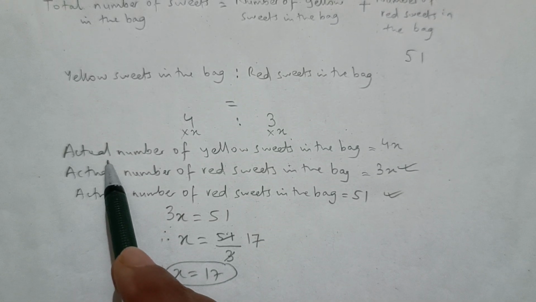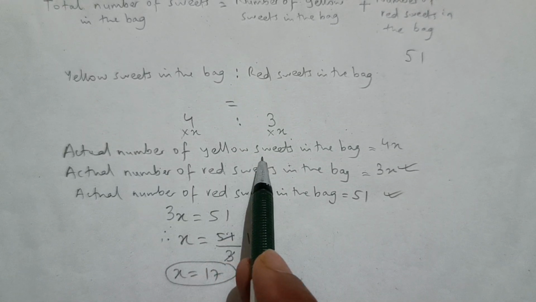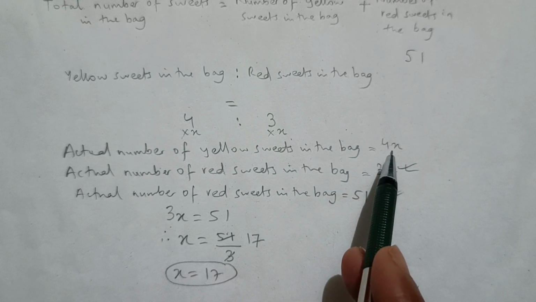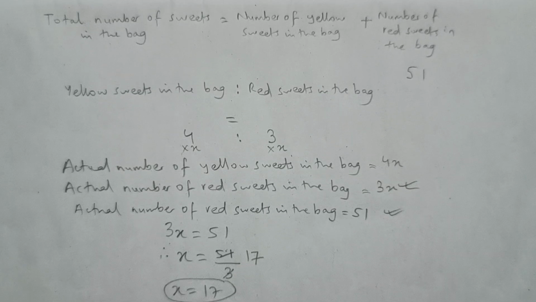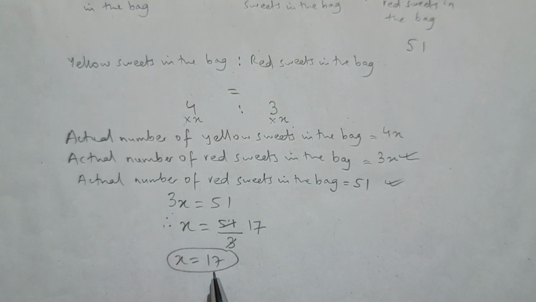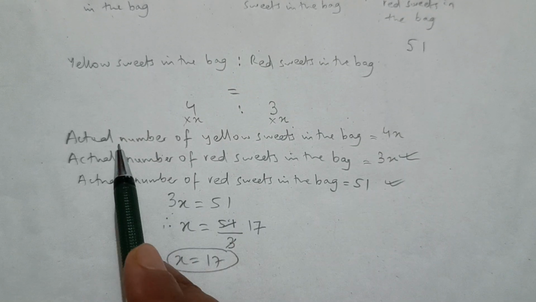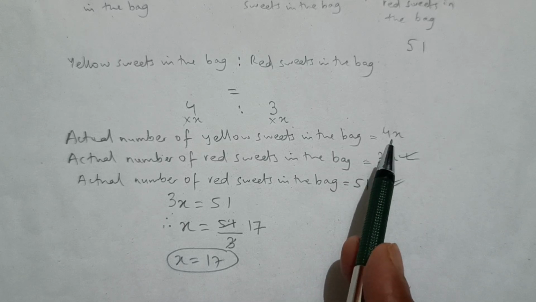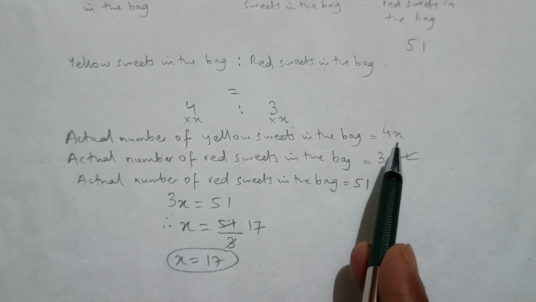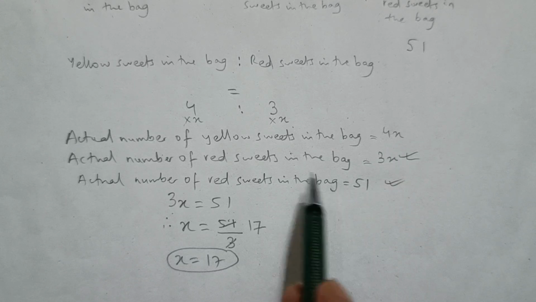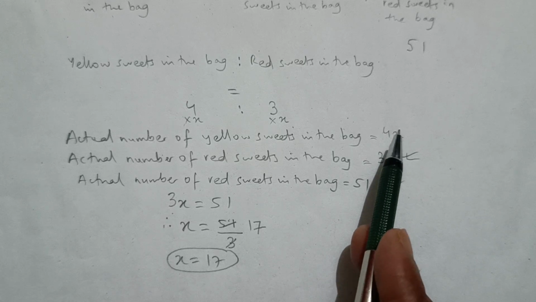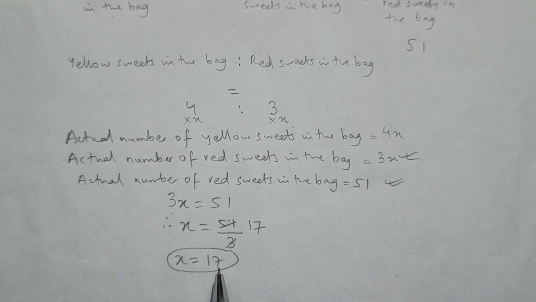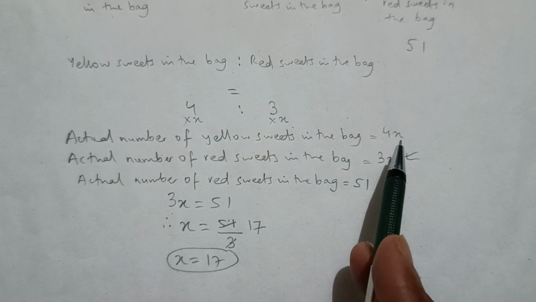Now here I am saying that the actual number of yellow sweets in the bag is 4x, and I have found out the value of x. The value of x is 17. So instead of x, now I will write 17. Therefore the actual number of yellow sweets in the bag will be 4 into 17.